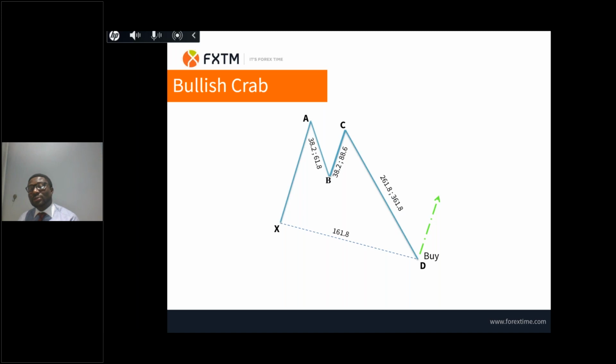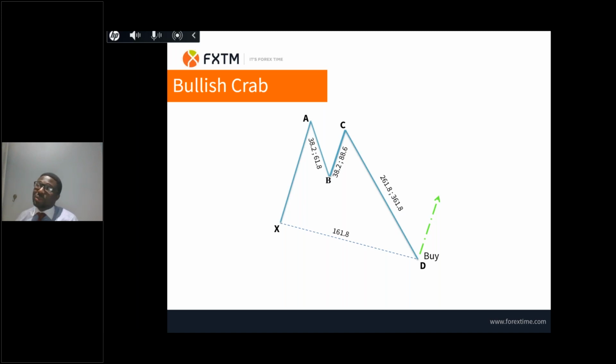And this time around, we want to consider the Fibonacci ratios to help us know whether it's a crab. A bullish crab has a retracement of B as 38.2 to 61.8 of XA.